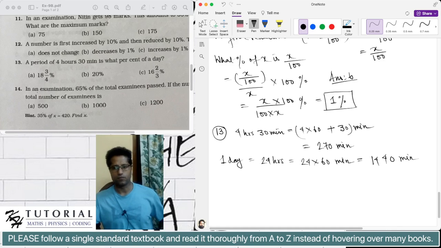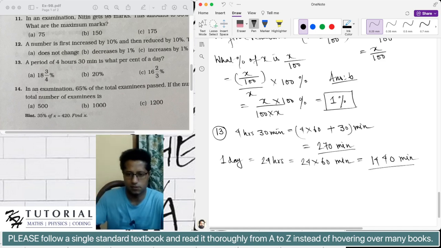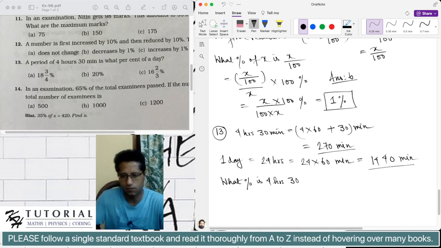So now we have to find what percentage 270 minutes is of 1440 minutes. The original question was what percentage is 4 hours 30 minutes of 1 day.